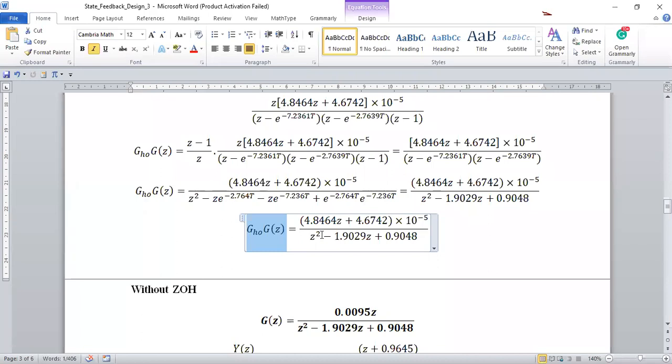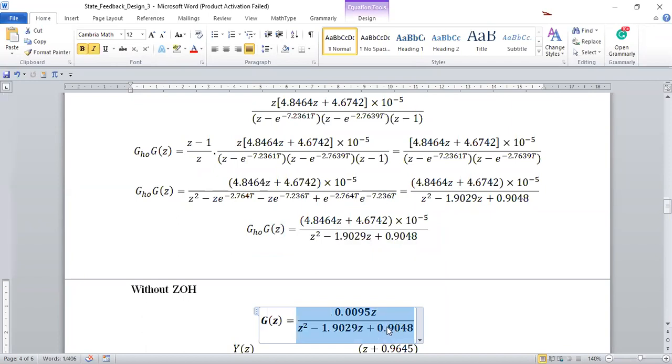Meanwhile, the outside world is in continuous time. So as a result of the DAC converter the computer uses, this is actually the transfer function, but this is supposed to be the transfer function. This is the ideal case.